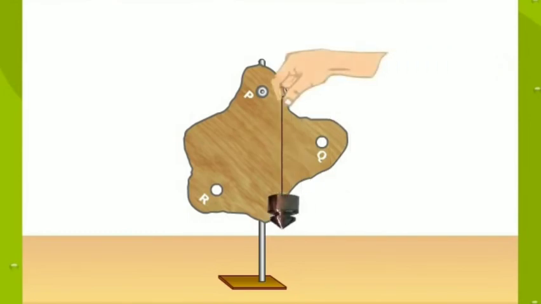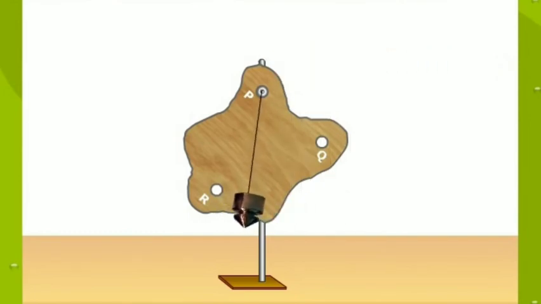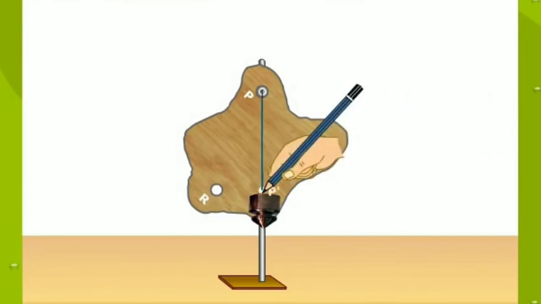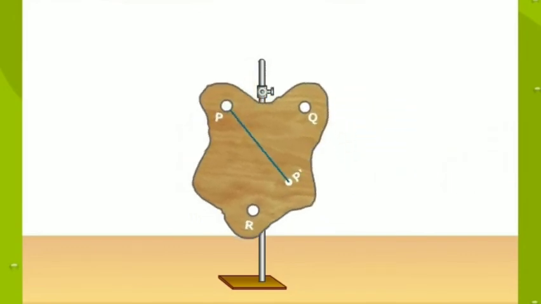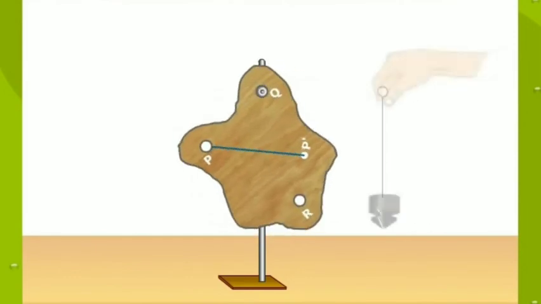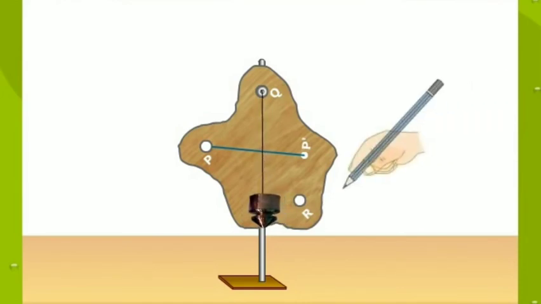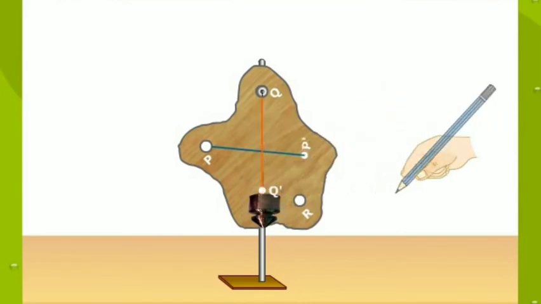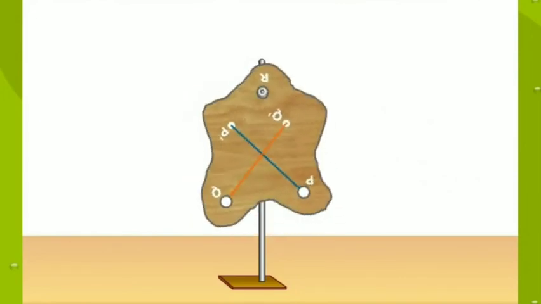Hang a plumb line from the point P and mark the plumbing line PP' on the lamina. Repeat the experiment by suspending the lamina from Q and mark the plumbing line QQ'. Now follow the same procedure for the point R.